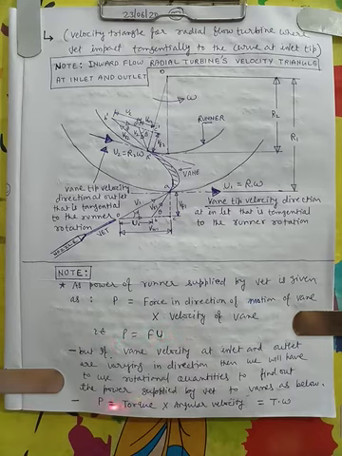But here the direction of U is changing. So here for power calculation, power is equal to torque into angular velocity. This is the analog relation. This is for linear motion, this is for rotational motion.